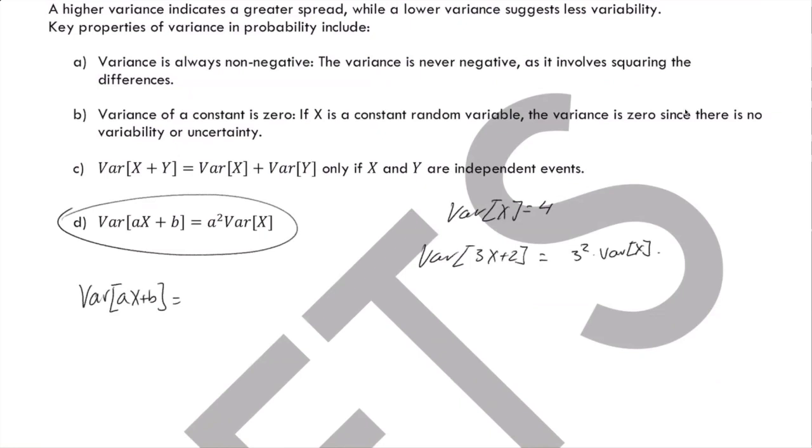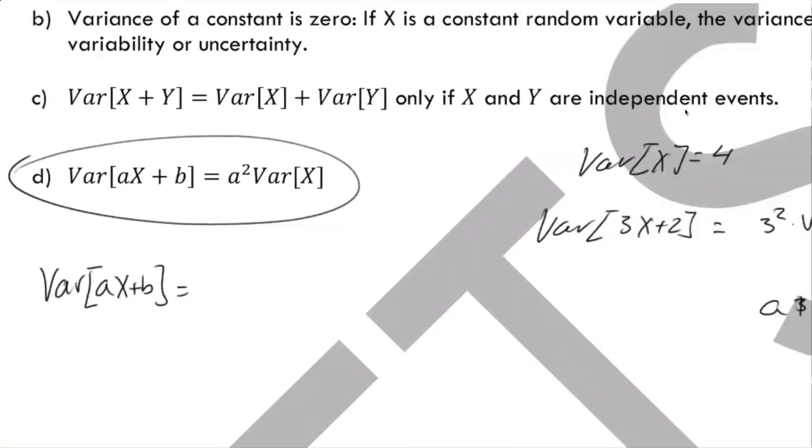If you've been given the variance of ax plus b, first of all, one of our variance properties is that I can split up the sum as long as the two events are independent. Remember, a and b are constants. If x is some variable, a is just a multiple of the variable, and b is not an event. b is just a number.